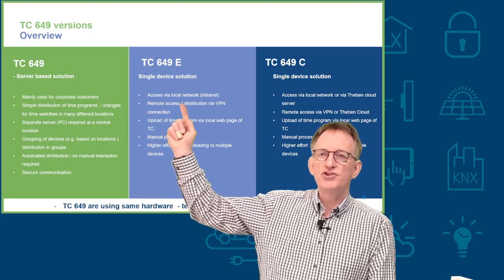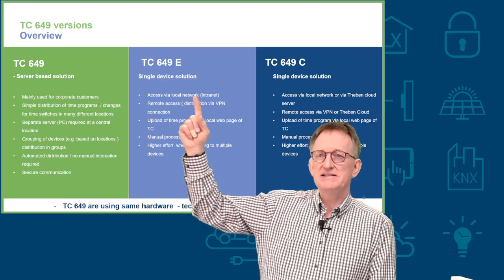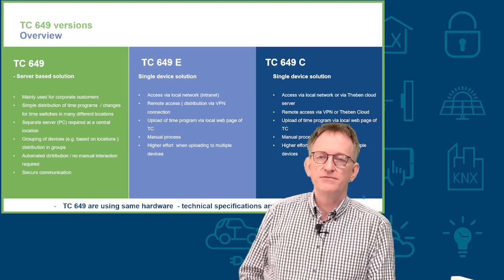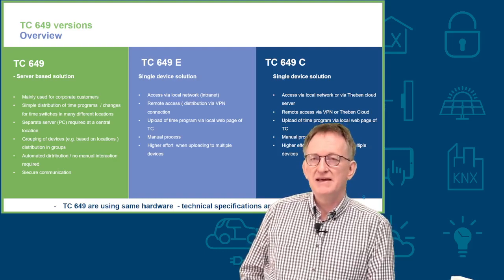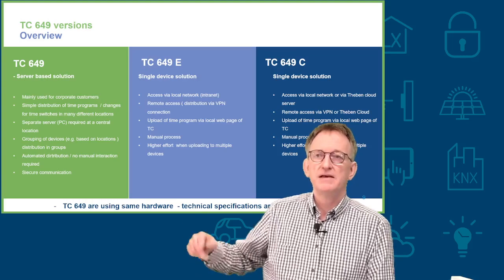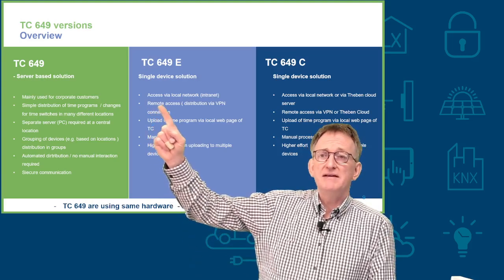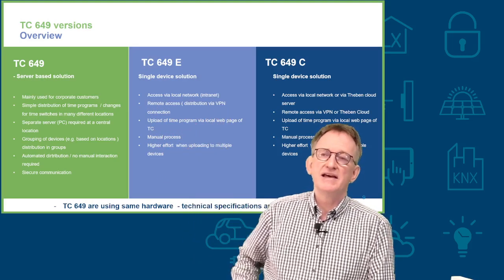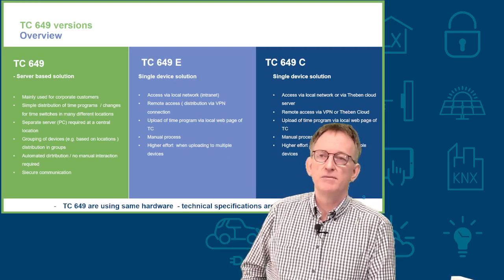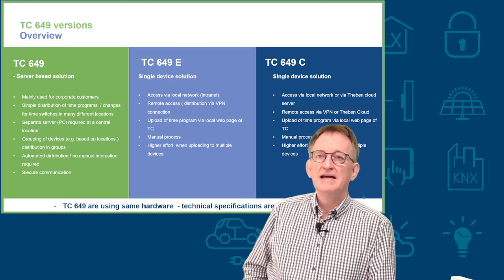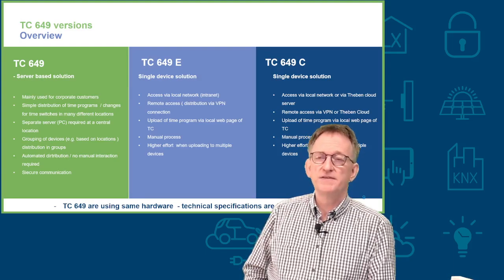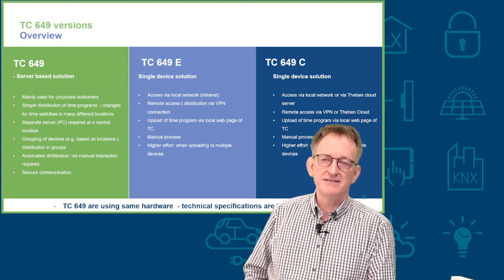As I've mentioned, for the E, you just access the device via the intranet. So you have to be connected to your intranet to connect to the web page to upload the time program. If you want to do it remotely, then you need a VPN connection into that intranet. Otherwise, you cannot do it remotely. And you upload the time program via a local web page of the TC649E itself.